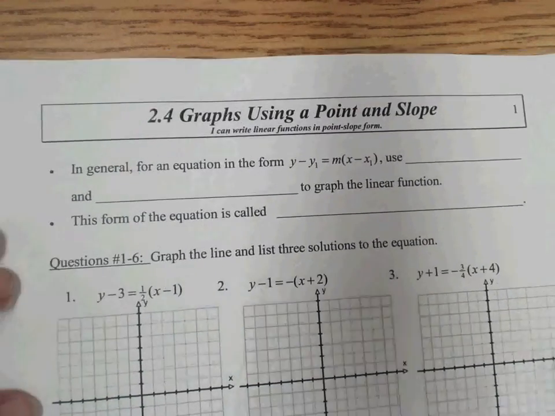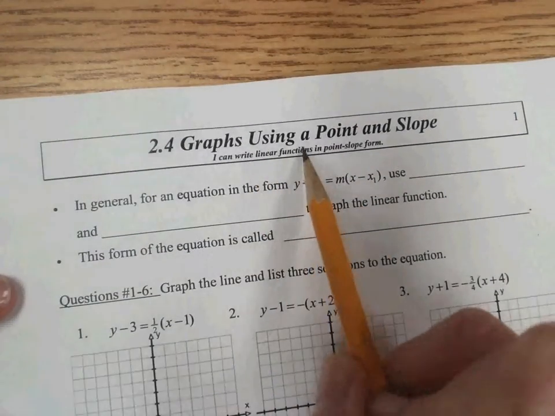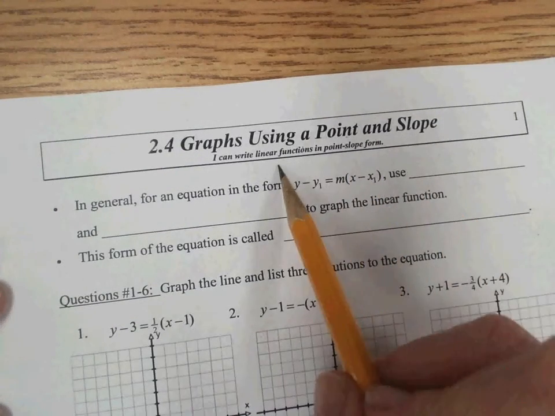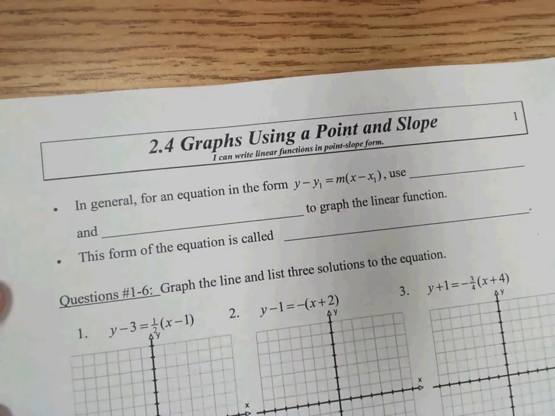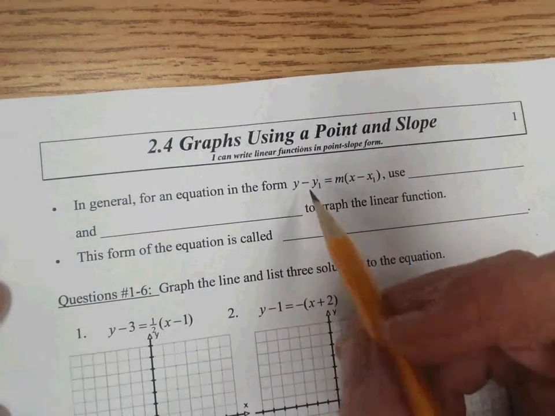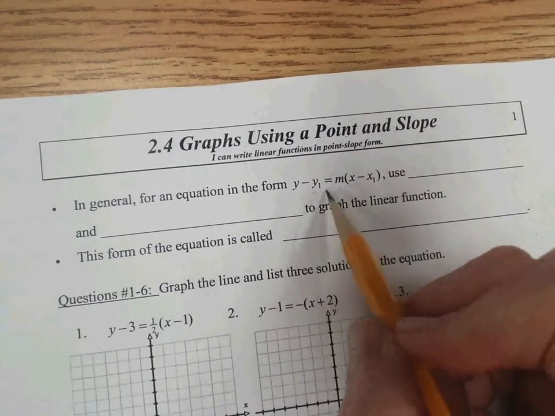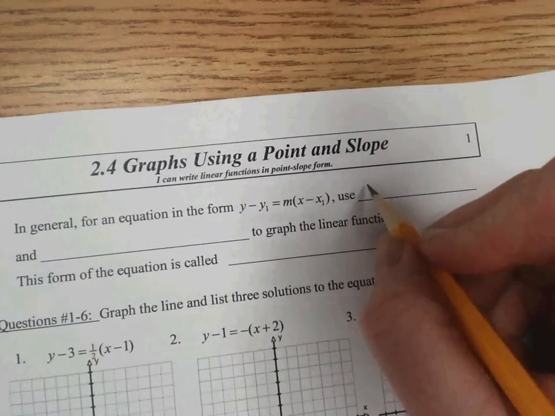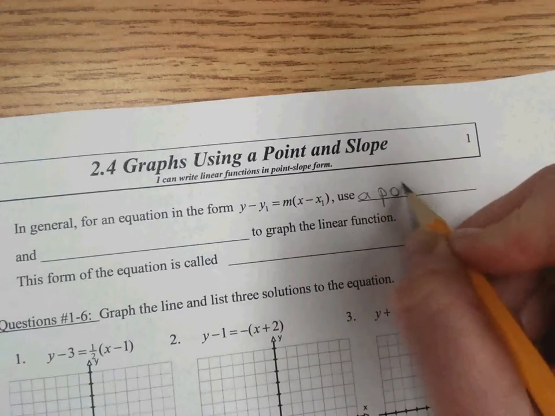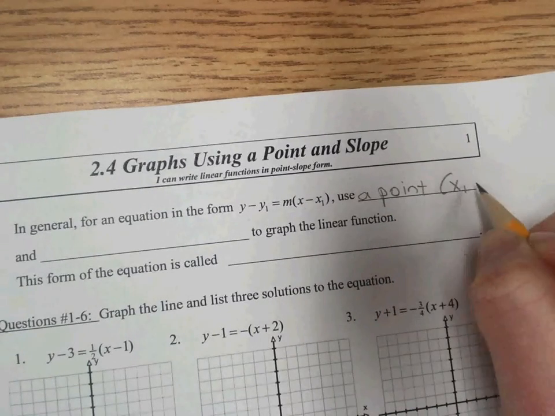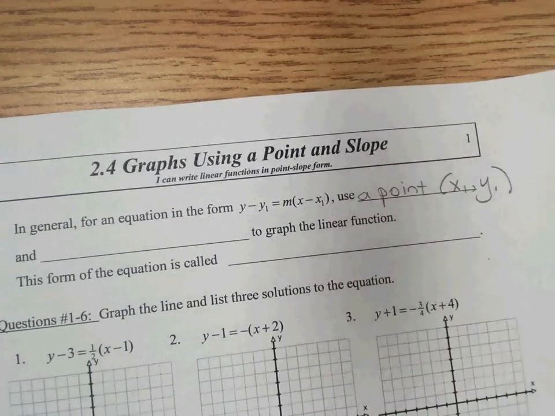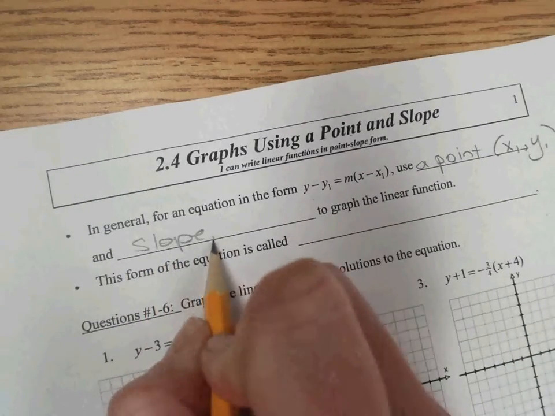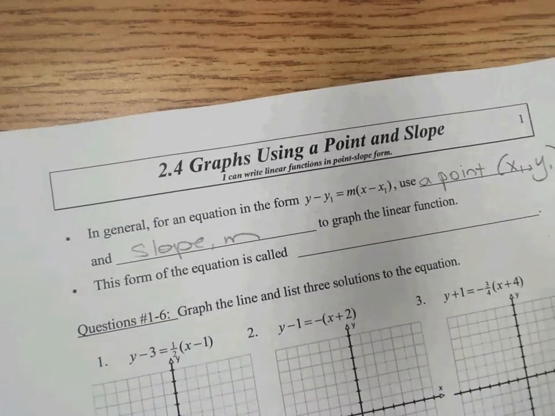Alright, this is lesson 2.4, graphs using a point and slope. So the goal here is to be able to write linear functions in point-slope form. So in general, for an equation in the form y minus y1 equals m times the quantity x minus x1, use a point x1, y1, and slope m to graph the linear function.